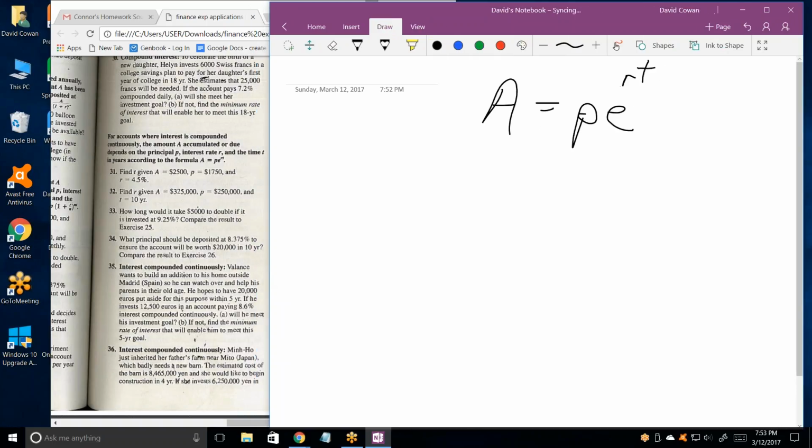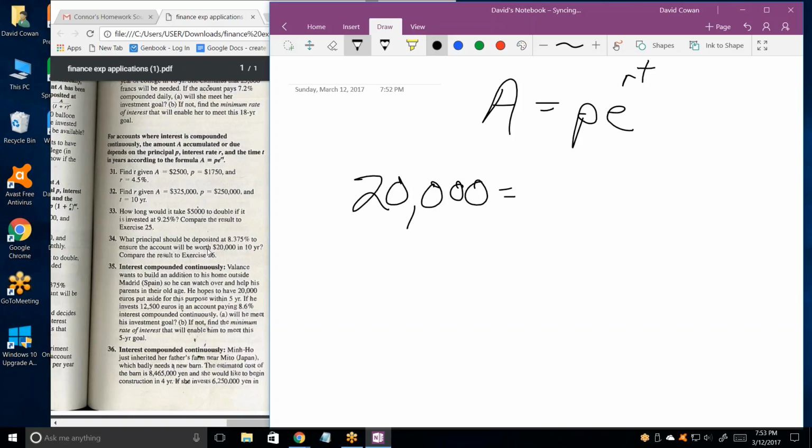Okay. Tell me what to fill in. Okay, let's see. Would 20,000 be A? Yep. A will be worth, that means it's A. Got it. Let's see. P. What principal should be deposited? P is what we're solving for. Okay.